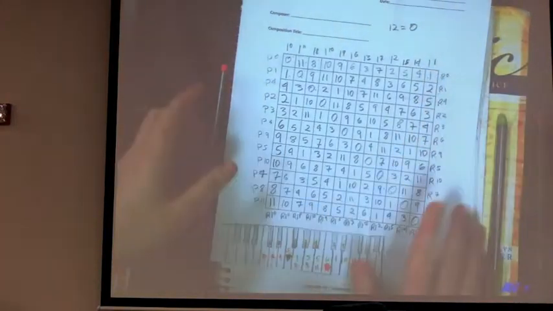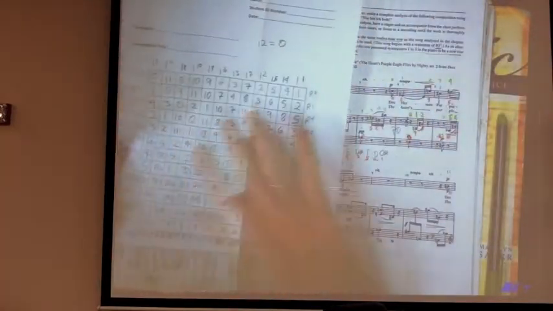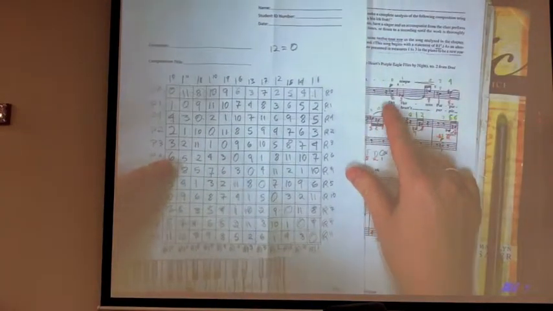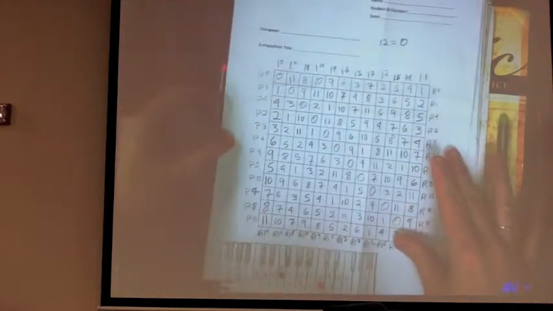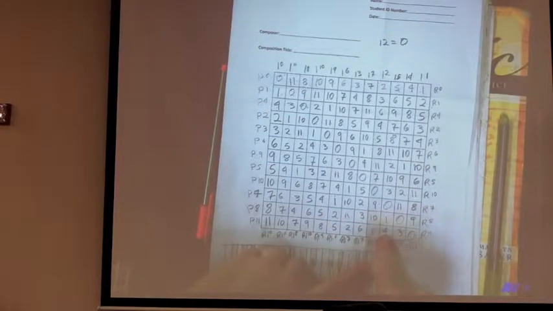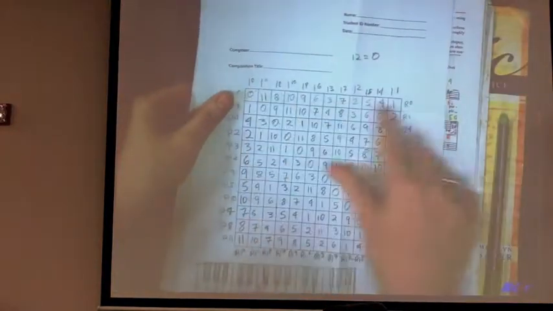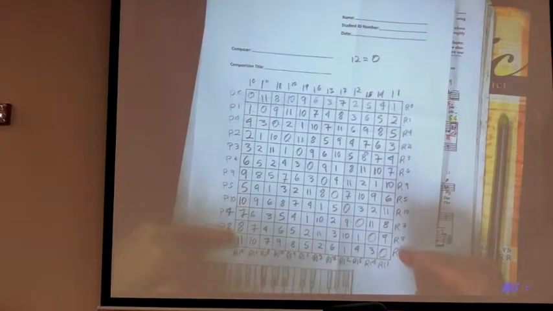There's the row, okay? This next one, since it's based on it, we can kind of use this. We've got 0, 3, 4. Let's see if we can find 0, 3, 4. Oh, here we go, retrograde. 0, 3, 4. Like that. Okay? So we know that it exists in the matrix. And since this has a different prime row, we don't know exactly where it's going to be, whether it's going to be retrograde 11 or retrograde inversion 1 or 11.